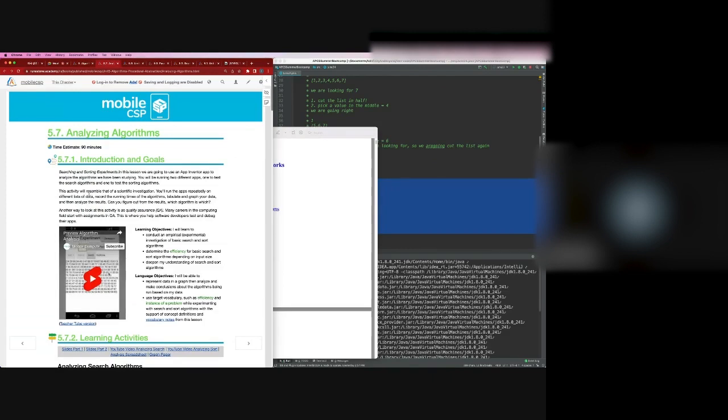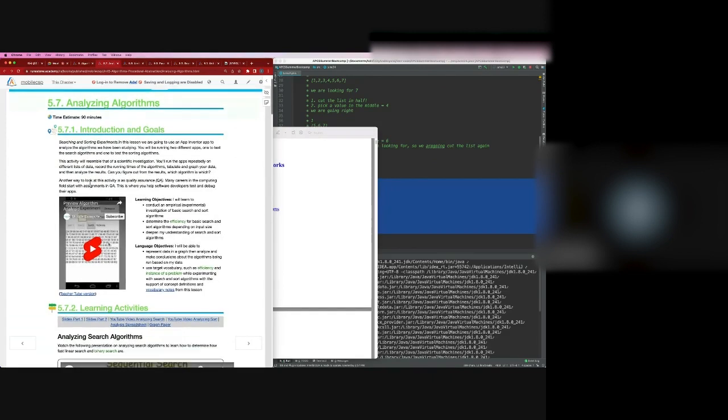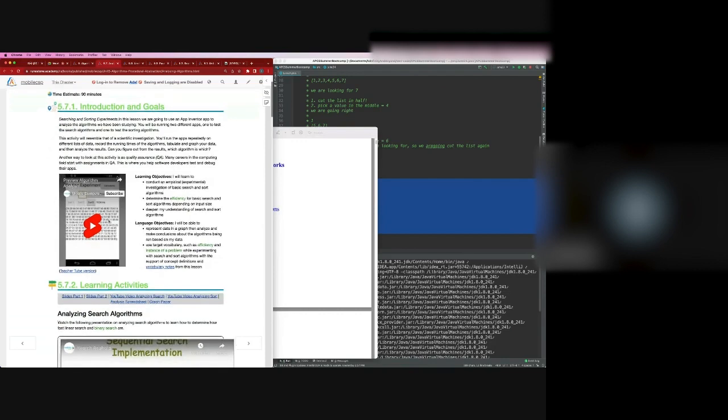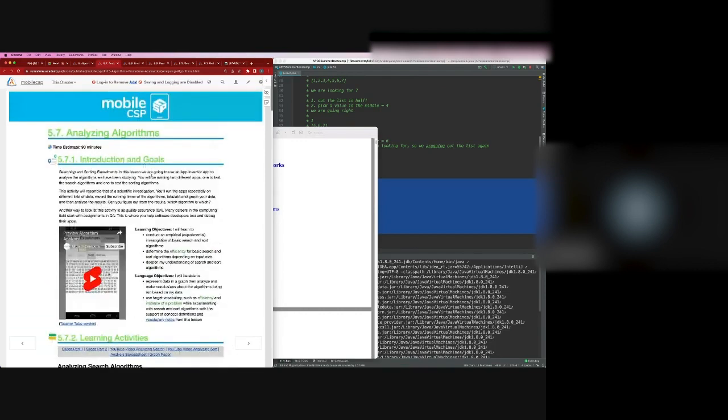All right. Searching and sorting. So how do you say which algorithm is better than another algorithm? So Ron, how do we know that binary search is better than linear search? Based on what can we say that? If it's sorted, then binary search is better than linear search.